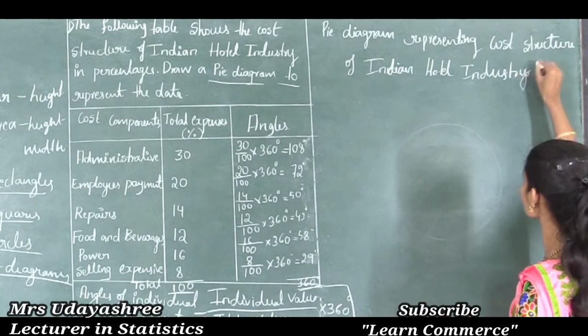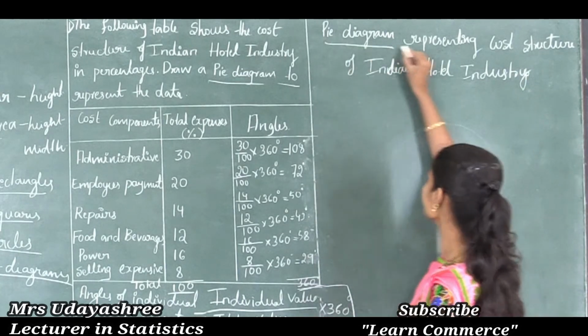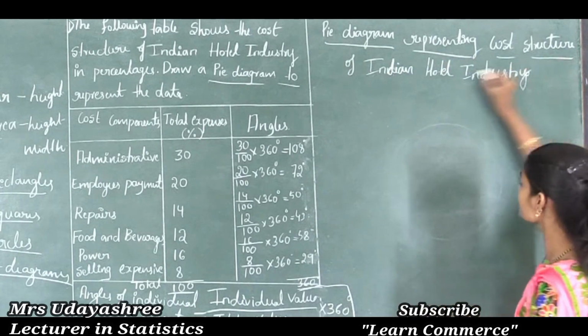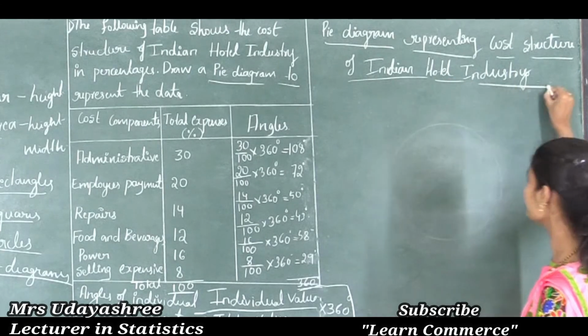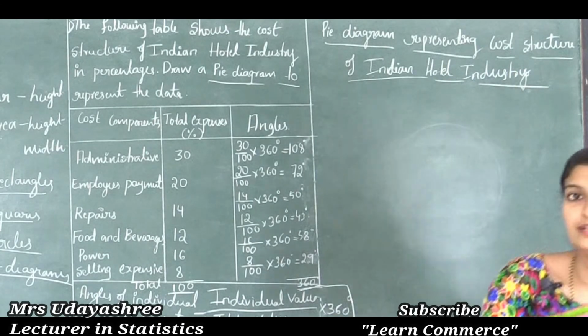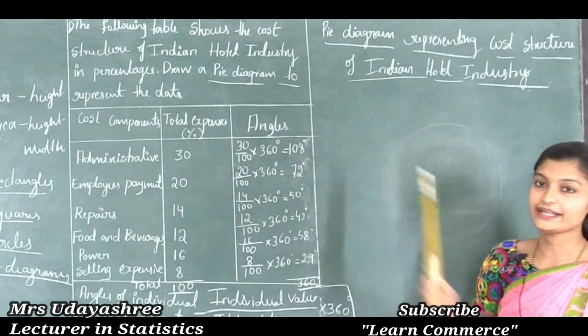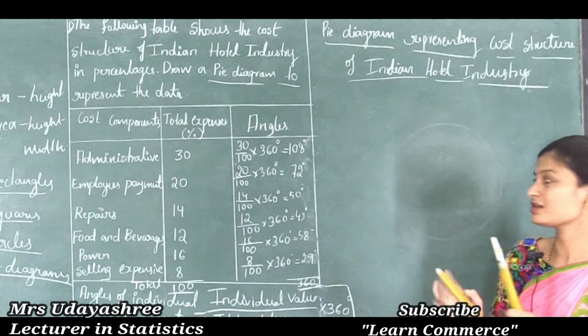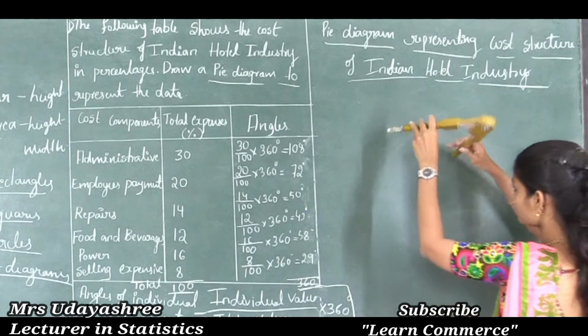See, this is the suitable title. Okay. Now I will draw. See, I already told you a pie diagram is a circle. So how to draw circles? So a circle is like this.